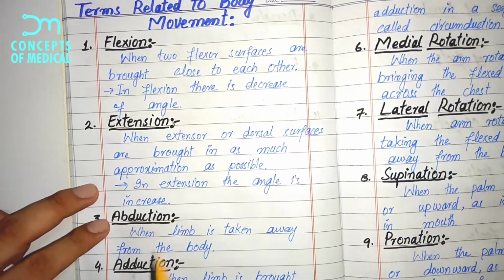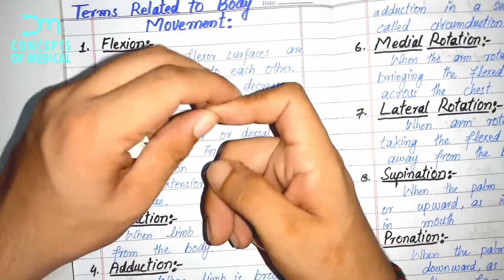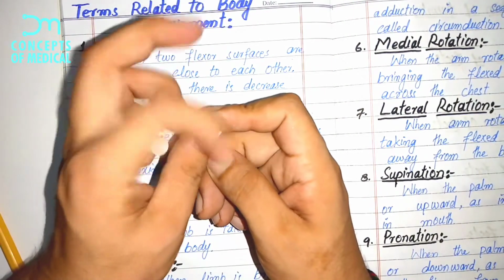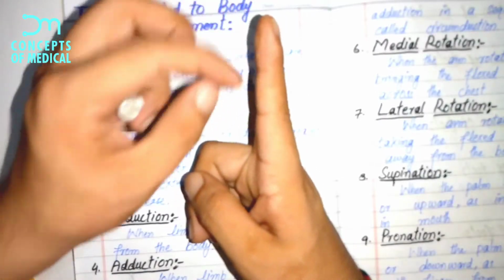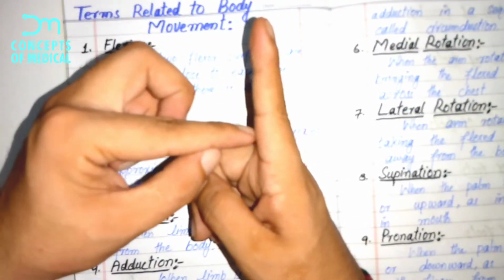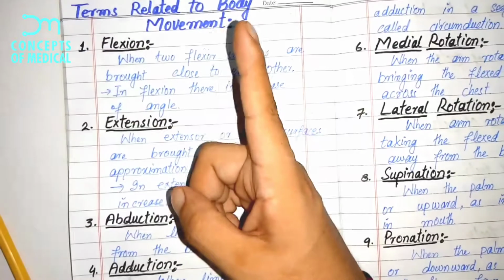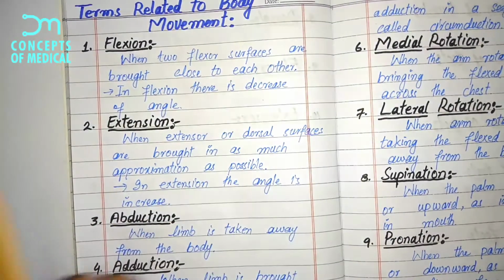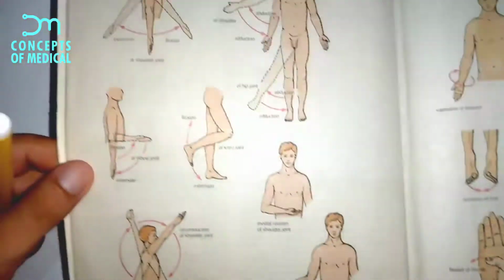In flexion the angle is decreased, but whenever I reverse this movement, the angle is increased. So the increase of angle occurs in the extension movement, right? I can also show you here in this book.